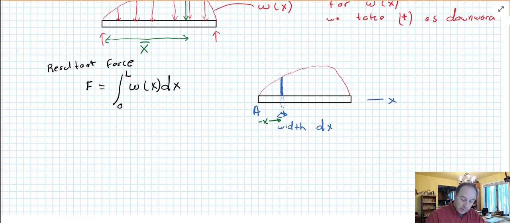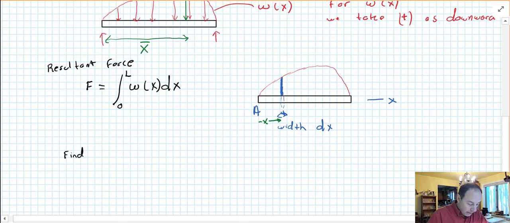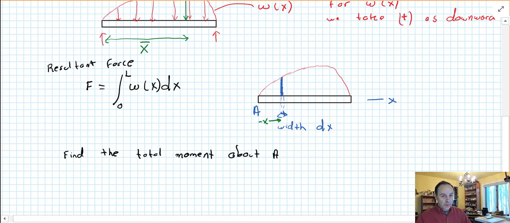Well, the first thing we're going to do is find the total moment about A. Okay, and you'll see where we're going with this in a minute. Okay, and you get that by summing all those little pieces, typical calculus stuff. You're summing all the little bits of force, each one at their distance from x.